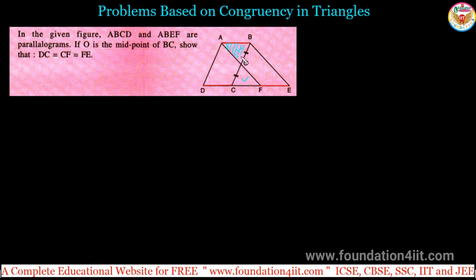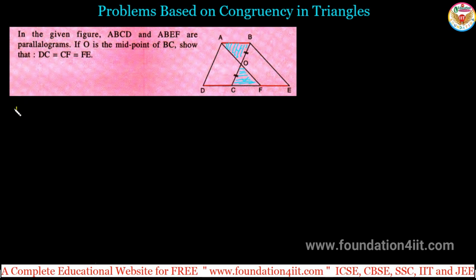In case I prove these two triangles are congruent, then by corresponding parts of congruent triangles, CPCT, AB is equal to CF. First prove triangle ABO and CFO are congruent. So AB is equal to CF we will get. Then already we know AB is equal to DC, AB is equal to FE. So all three are equal.